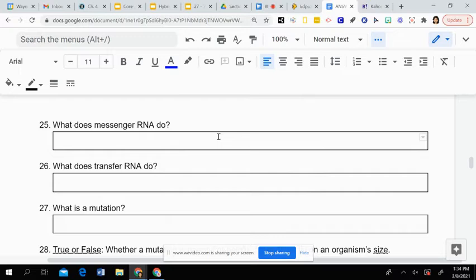Yes. Okay. So it copies the coded message from DNA in the nucleus, and it carries the message to the ribosome.